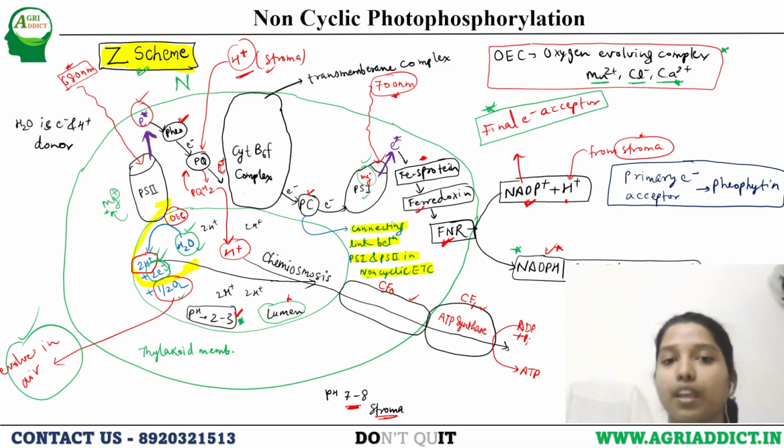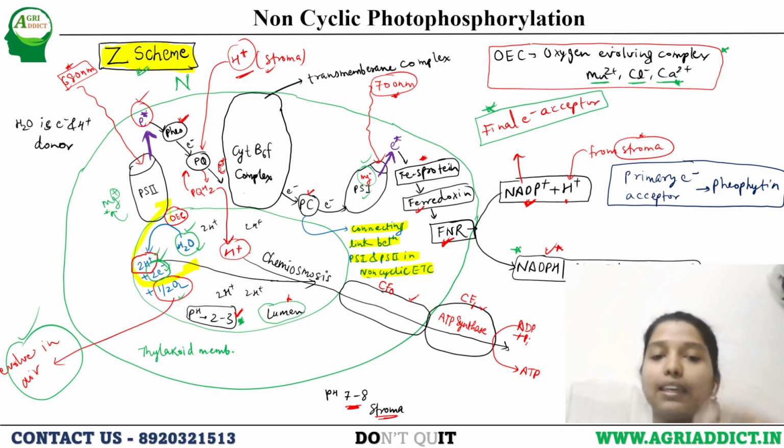So what will happen during this chemiosmosis? This H plus will get transferred to the outside, to the stroma, to maintain the concentration gradient. This H plus will go outside through this ATP synthase molecule, and this is a kind of rotatory structure.